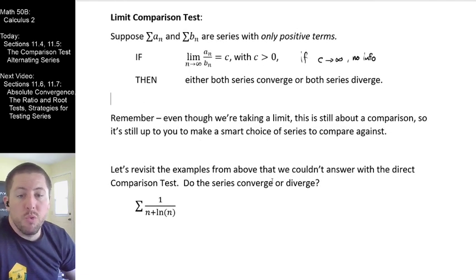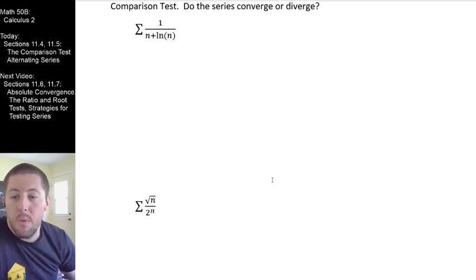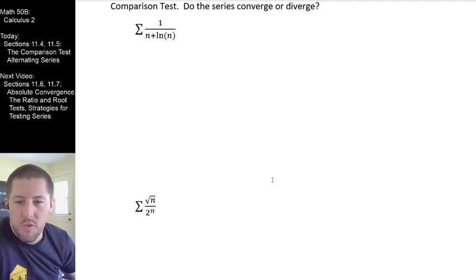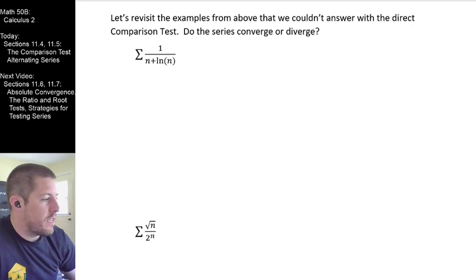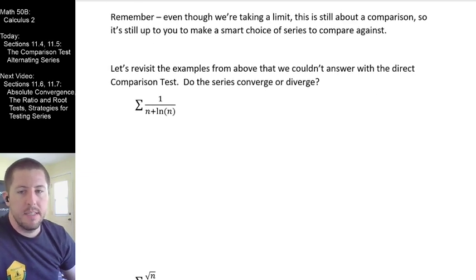So let's revisit the examples that we couldn't get above with the direct comparison test. All right, so here's the two that had sort of the wrong direction direct comparison above. Let's see if either of these are going to work out now with our indirect, our limit comparison test instead.